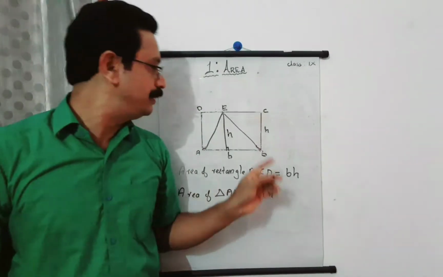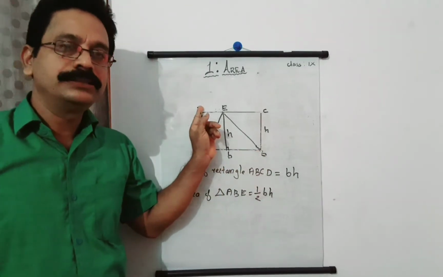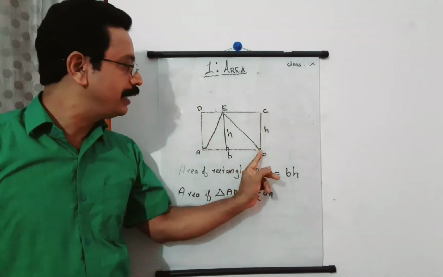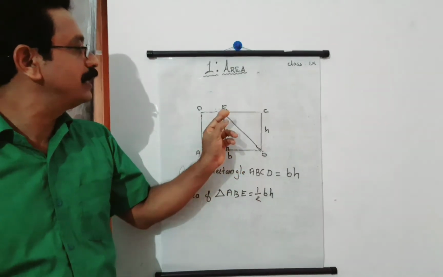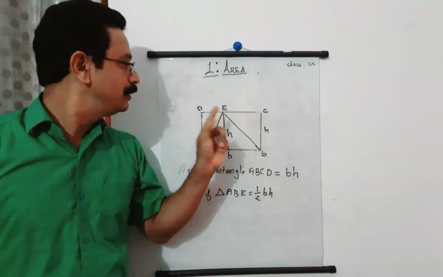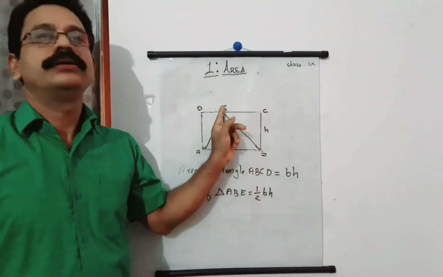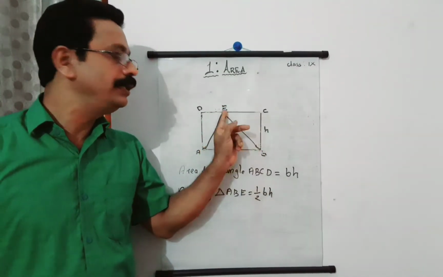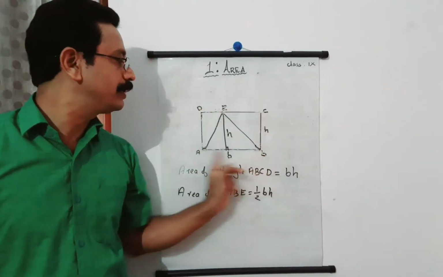Now you can see whenever we draw a rectangle like this, taking a side as base and a point on opposite side as third vertex, if we draw a triangle, that triangle will be of area half the area of the rectangle.